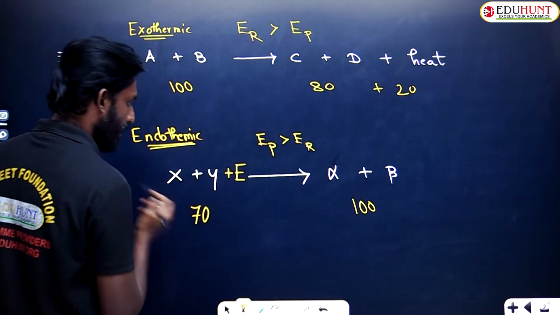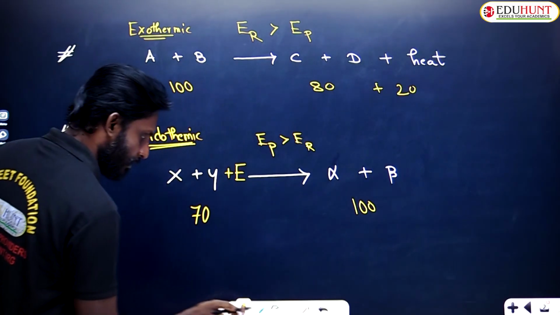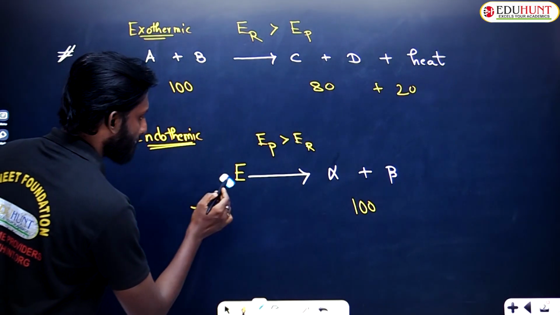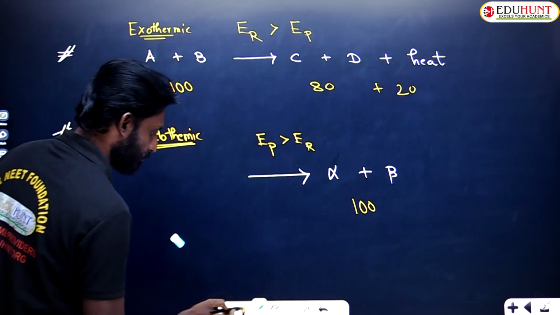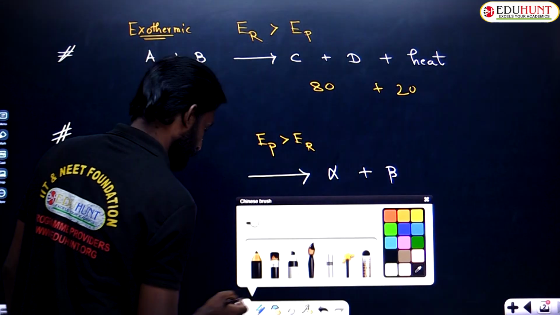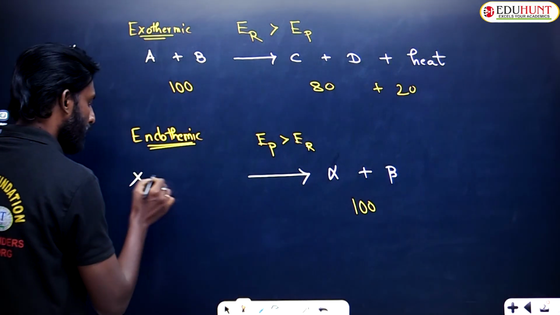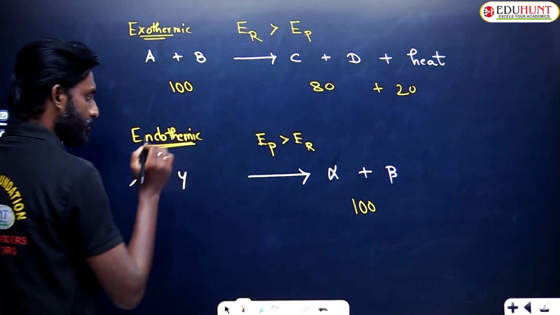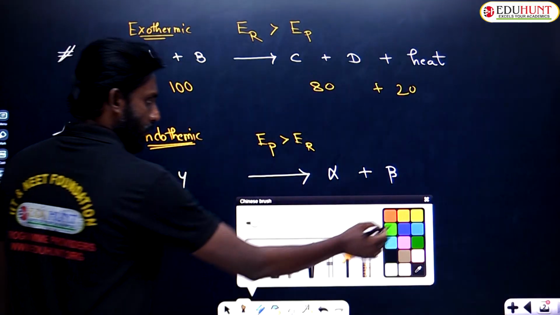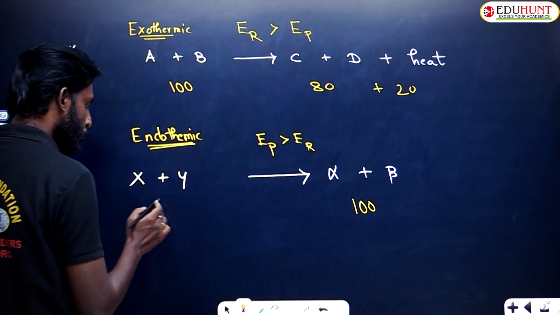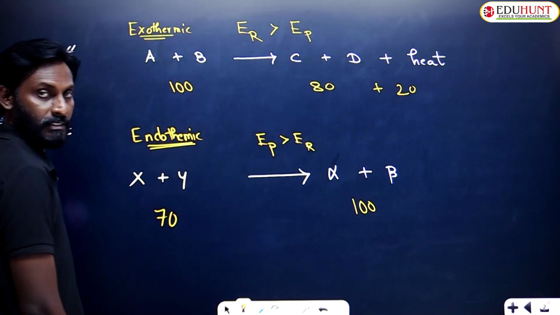Let me erase this for better placement. X plus Y. These two together have 70 units of energy.